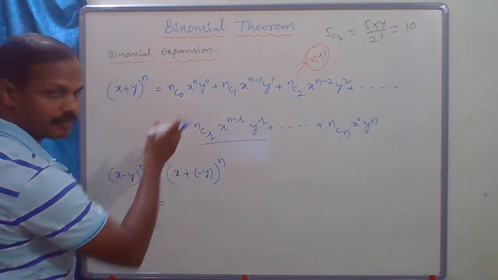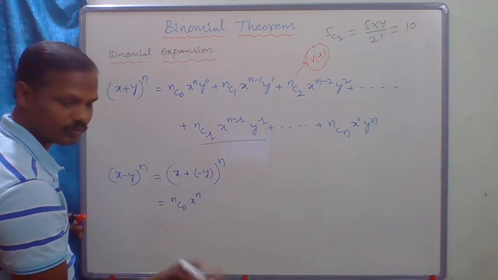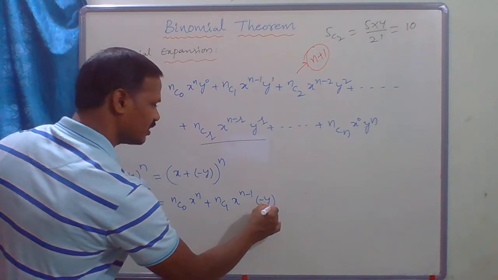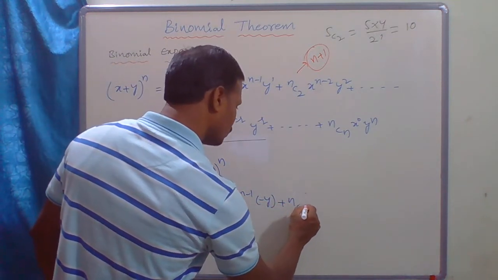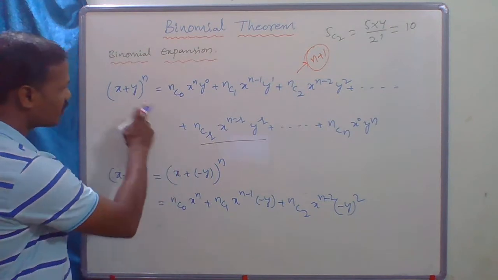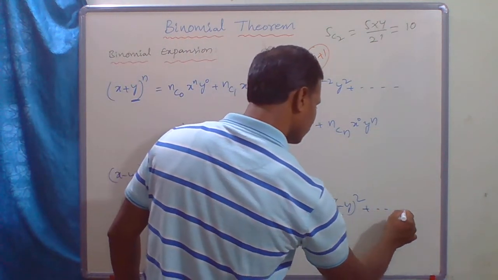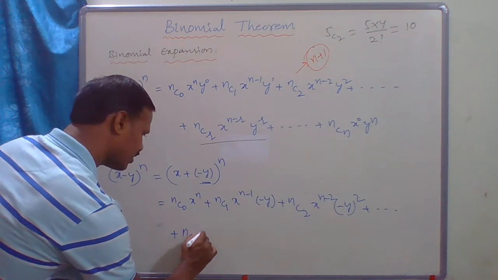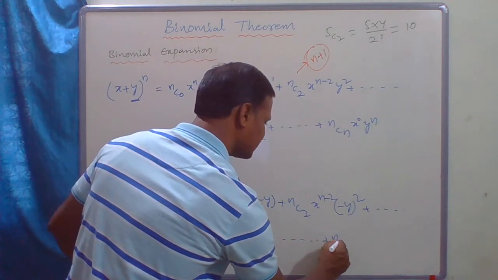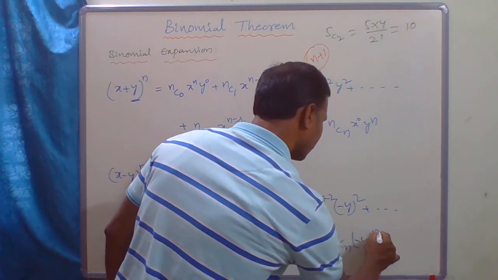By applying the binomial expansion: nc0 x to the power n, minus y power 0, which is 1, plus nc1 x power n minus 1 into minus y, plus nc2 x power n minus 2 into minus y power 2, and so on, plus ncr x to the power n minus r into minus y power r, plus ncn x to the power 0, which is 1, and minus y power n.